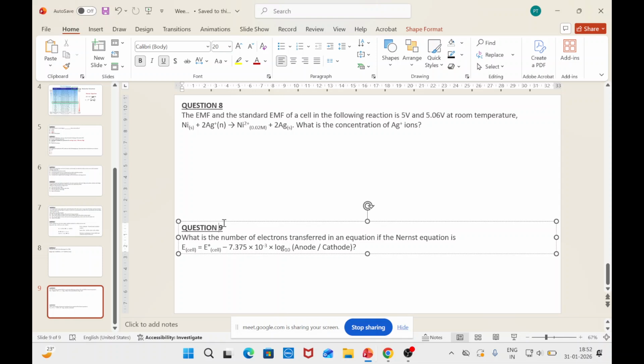Assume standard conditions. For this question, take temperature as 298 Kelvin, R value as 8.314, and F, the Faraday's constant, as 96500. Based on that, solve and let me know the value of n.